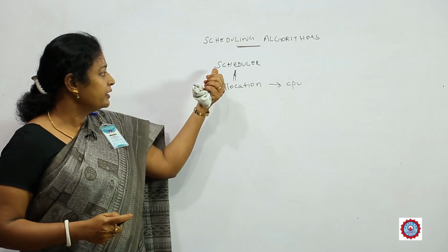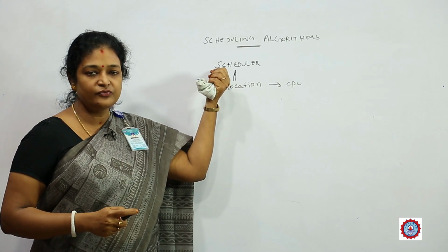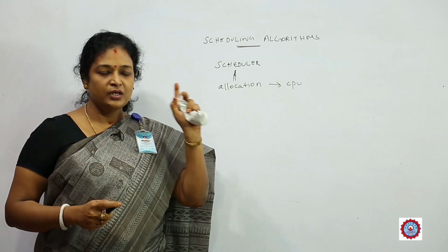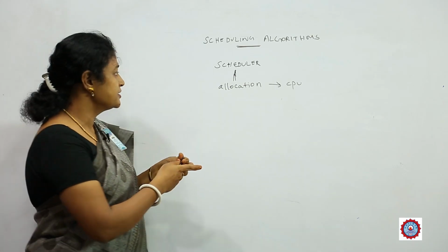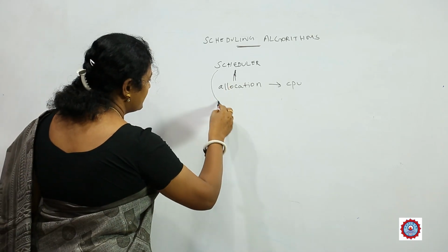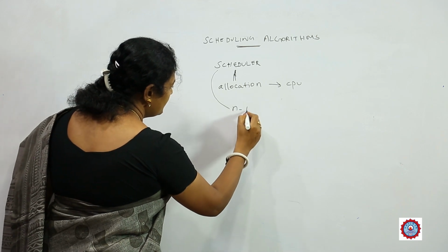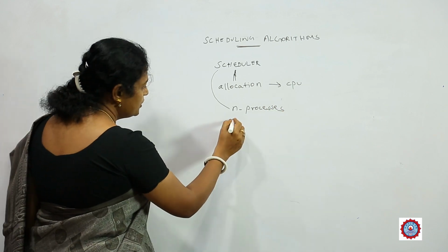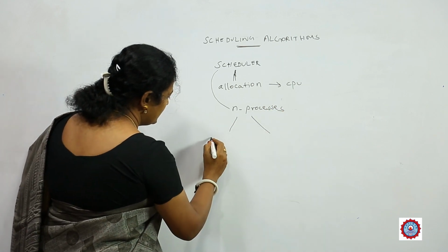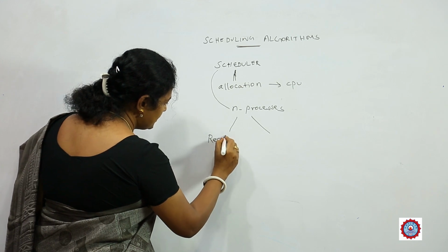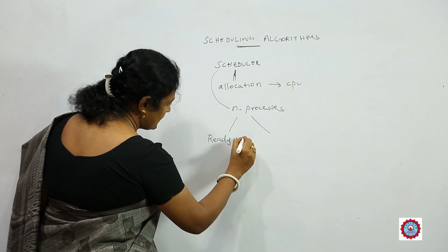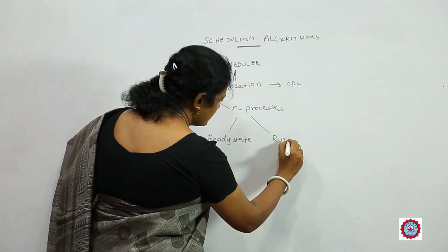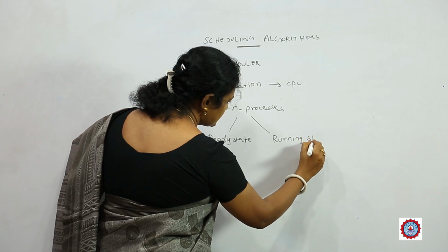The scheduler itself will decide which process has to be allocated to the CPU, from the n number of processes which are in the ready state, and it has to be moved to the running state.